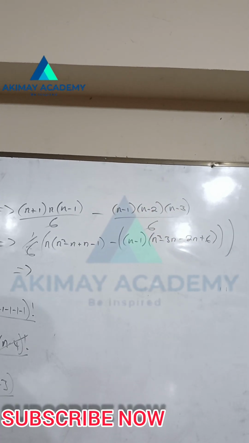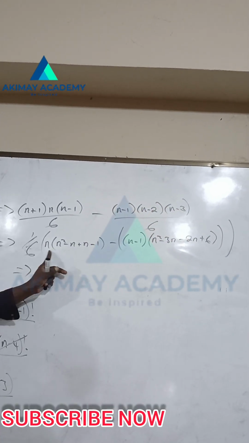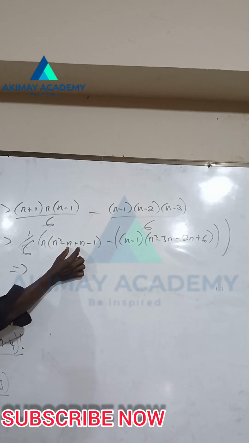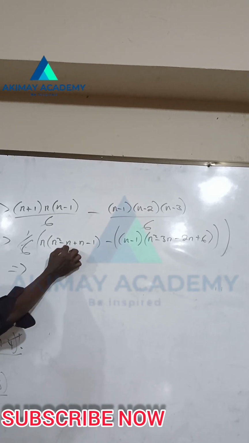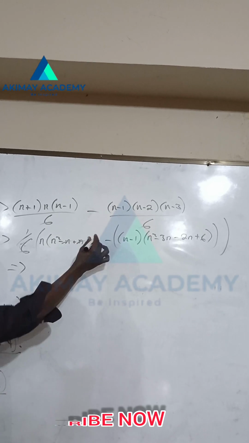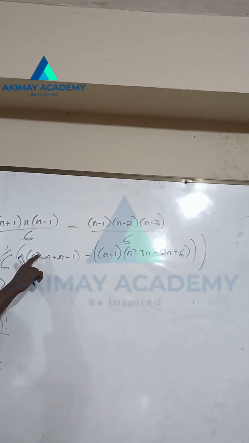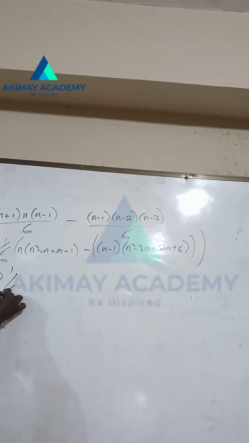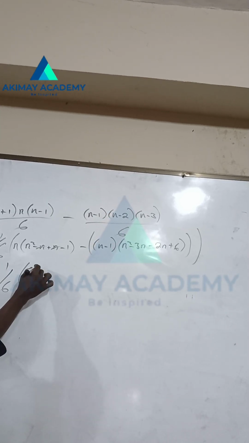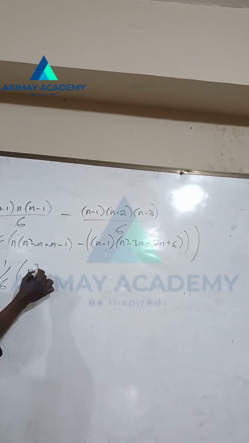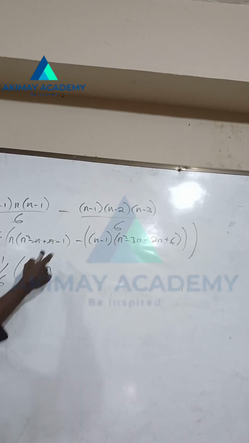So in this case, let's expand this one further. This will go up, right? So you are going to have this one clearing up. Then n times n squared will give us what? n cubed, minus n for this section.